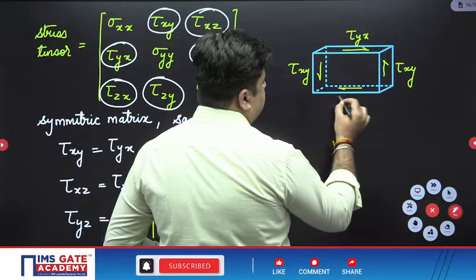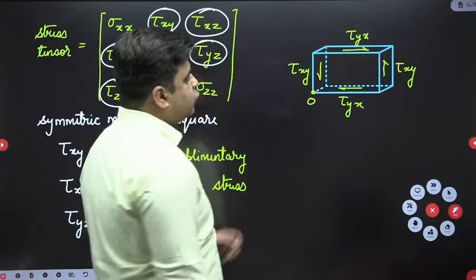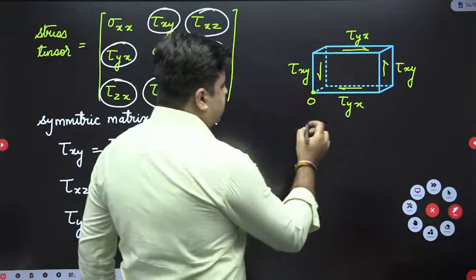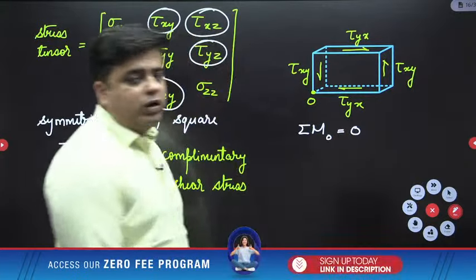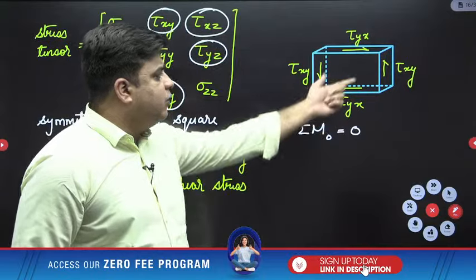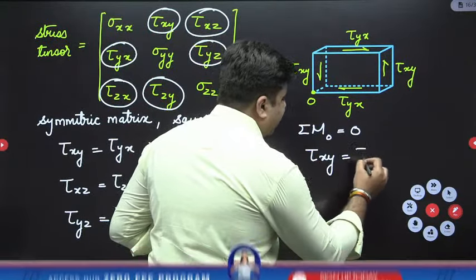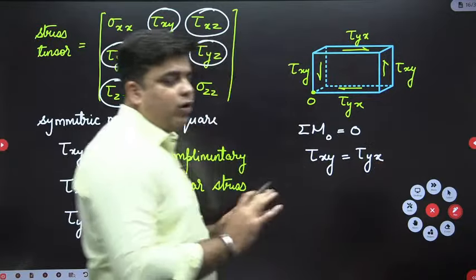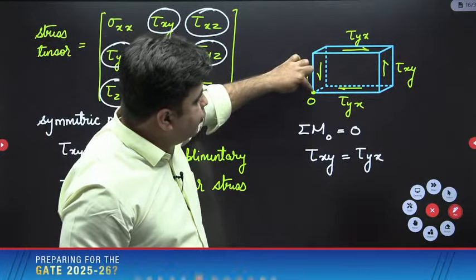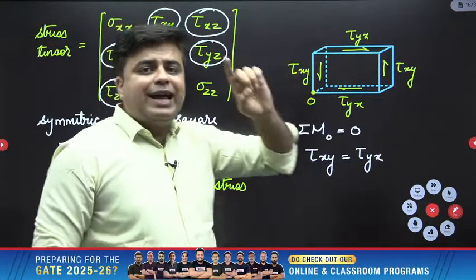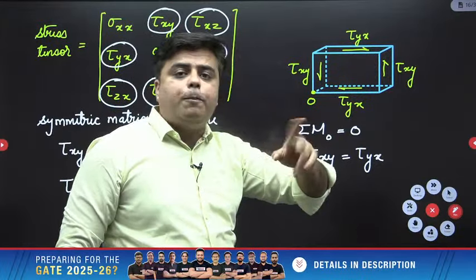Now about this point O, I have to write down summation of moment about O equal to 0, and after writing this equation, I can prove that tau xy is equal to tau yx. We have already done the proof, so I am not going into the detail. I am just giving you an idea that by the conservation of moment about point O, these complementary shear stresses will be equal and opposite in direction.